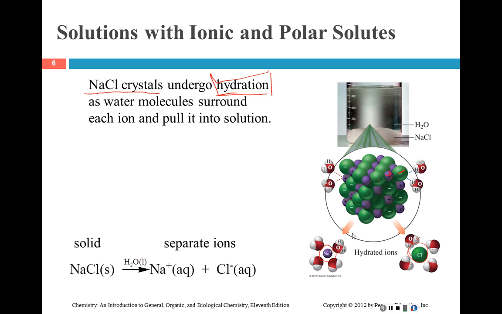And they call these spheres of hydration. And so these hydrated ions are surrounding these ions, and that's what causes them to disappear into solution, so you can no longer see them. And so the solid sodium chloride, when placed in water, is going to give us sodium ions and chloride ions.